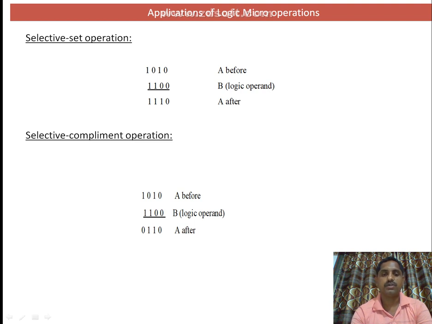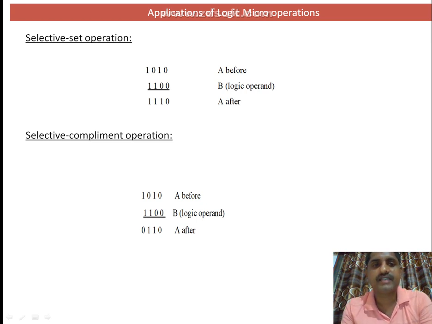This example again can serve as a truth table from which we deduce that the selective complement operation, that is the exclusive OR micro operation, can be implemented as the selective complement operation.